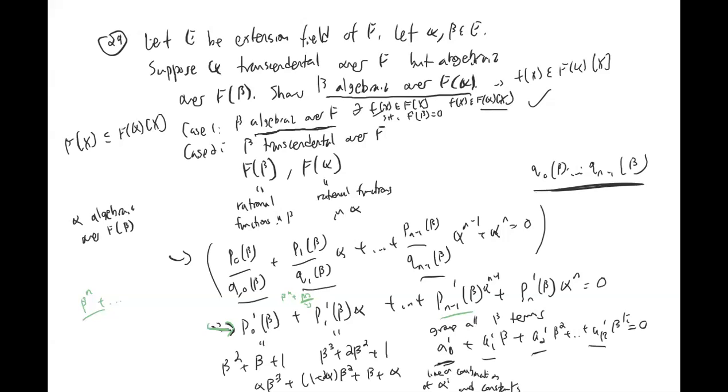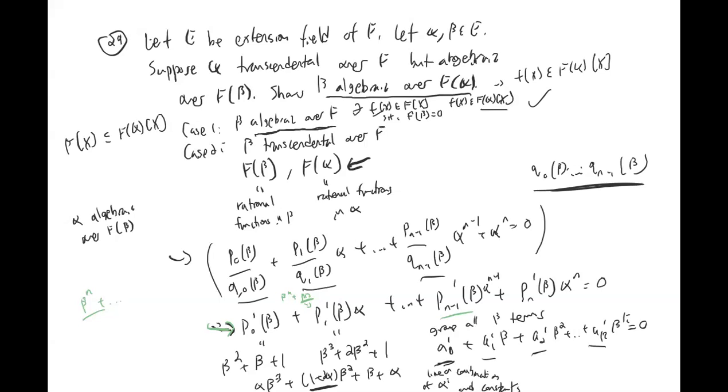Does everyone agree with this? Here it's 1 plus 2 alpha, right? And so it's a polynomial in alpha, if you like. And that certainly belongs in here, because this is rational functions in alpha.